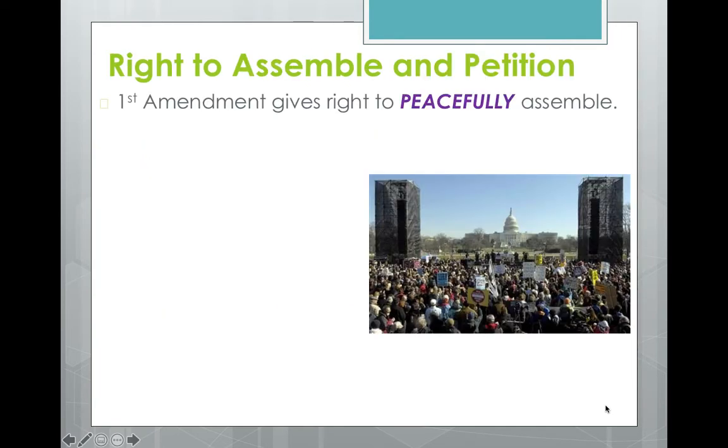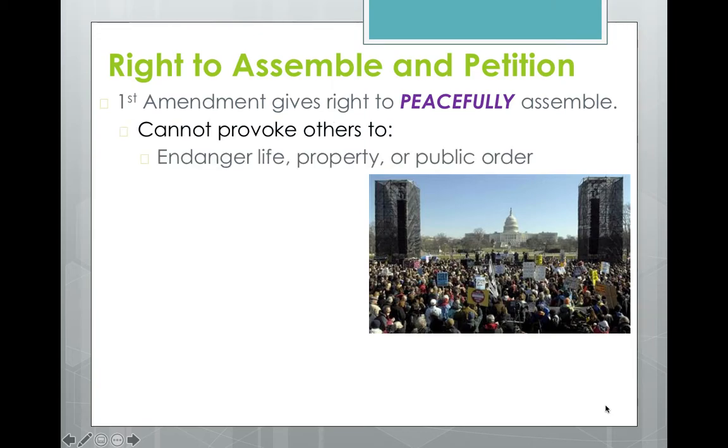Right to assemble and petition. The First Amendment gives the right to peaceably assemble. Peacefully is the key there, so rioting is not part of the First Amendment. Cannot provoke others to endanger life, property, or public order. So the question is, the recent protests that we had that seemed to encourage the destruction of property, was that peaceful?